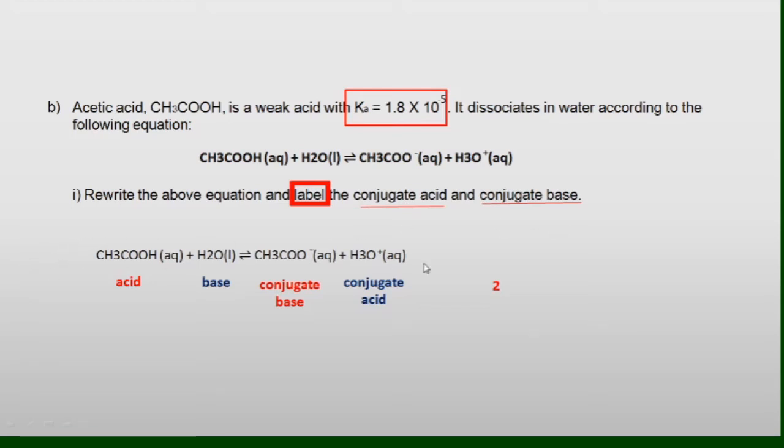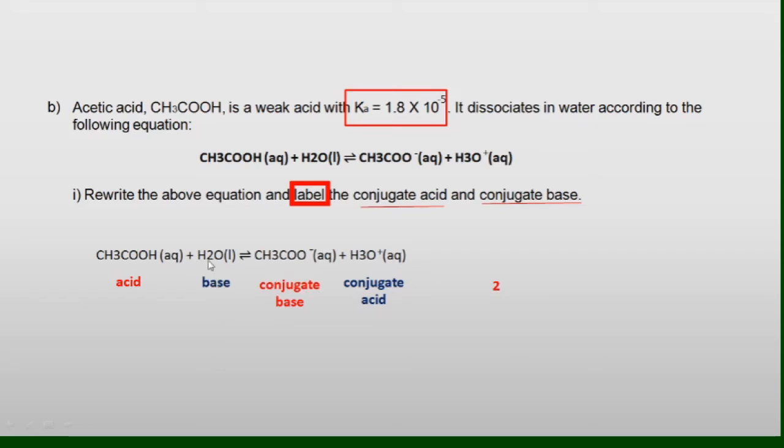So firstly, we rewrite the equation given, then we need to determine which are acid and base. So from here we know that CH3COOH is acid and H2O is a base. So as for the acid, the conjugate base is CH3COO-, because we know that it donates the proton, so it will form the conjugate base.